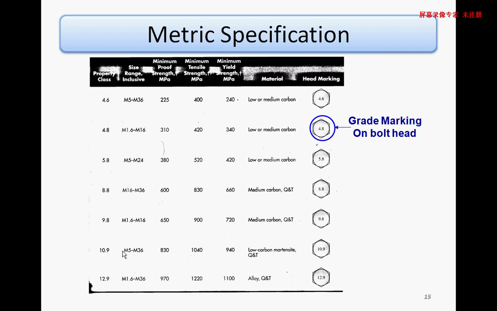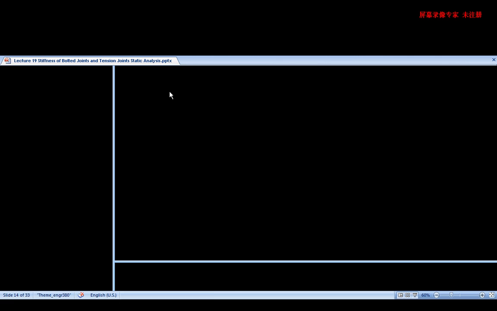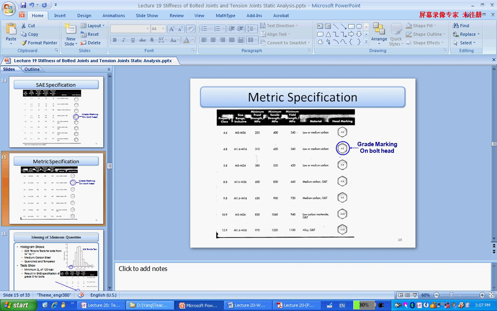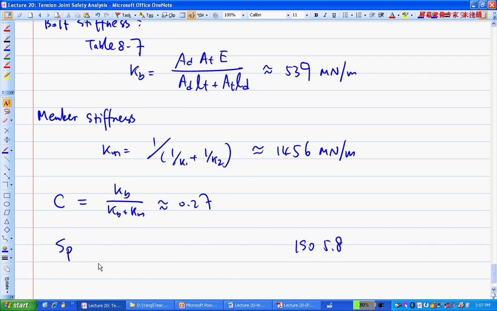Oh, you're right, it's the metric one. So for 5.8, the SP is 380 megapascals. Okay, so this is table A-11.